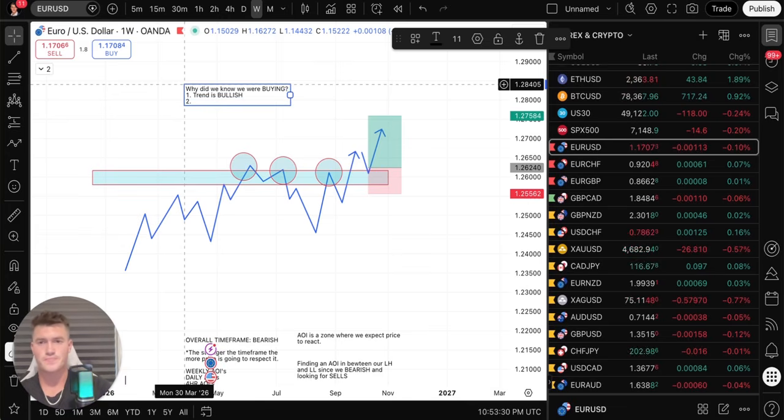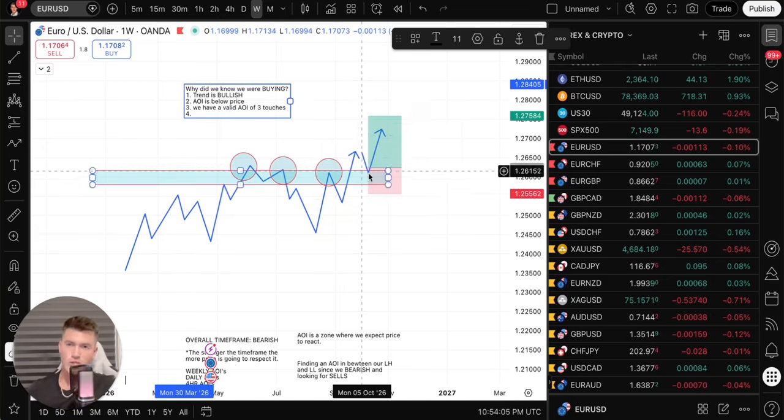Two, our area of interest is below price. Three, we have a valid area of interest of 1, 2, 3 touches. And four, we would, of course, wait for rejection around this area right here.